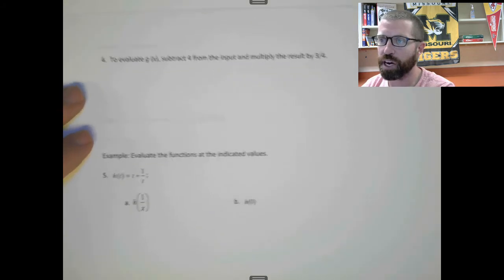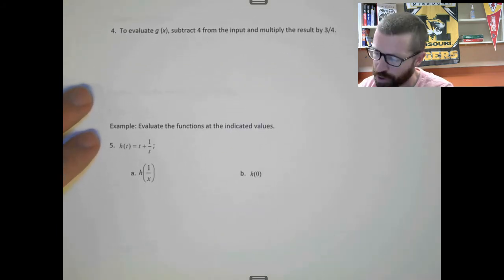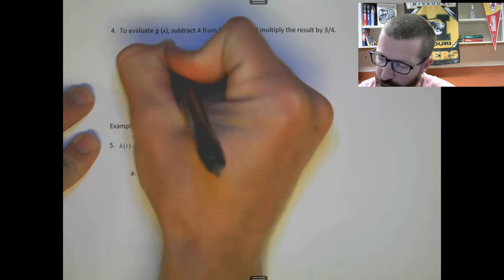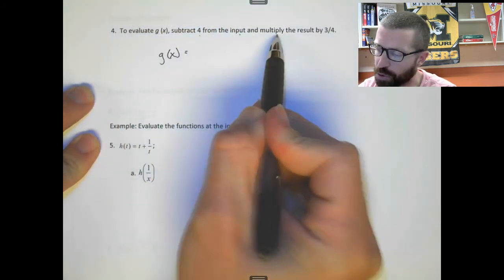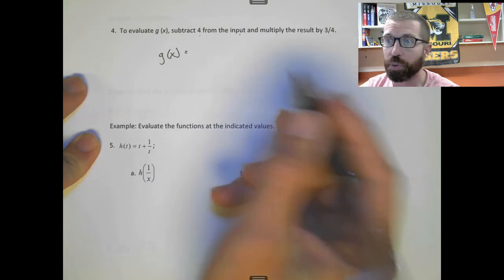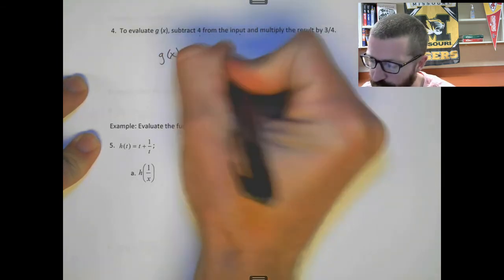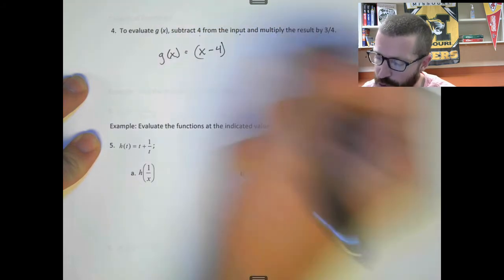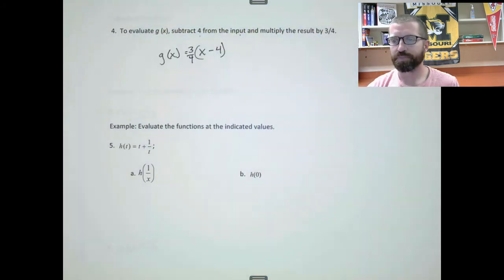Go ahead and pause the video and try this one on your own. To evaluate g of x, subtract 4 from the input and multiply the result by 3/4. Order is important here. We're going to subtract 4 from the input, so it's x minus 4. And we're going to multiply that by 3/4. So we'll put parentheses around it, and typically the 3/4 would go in front.